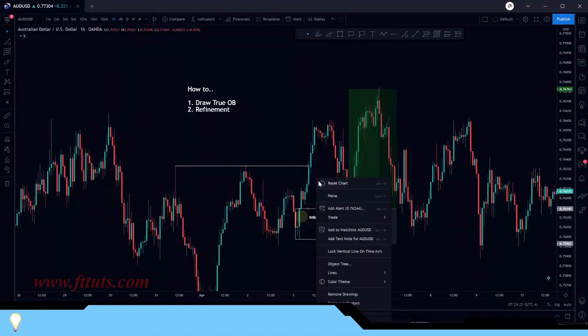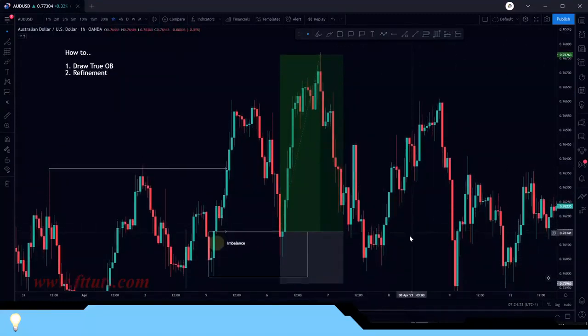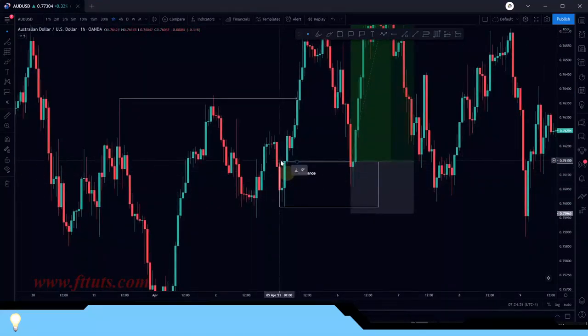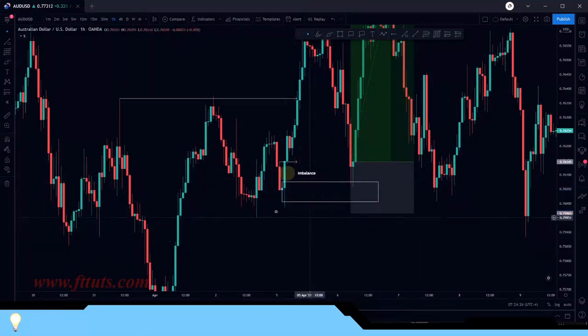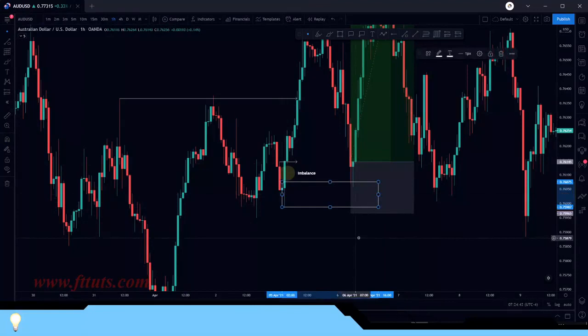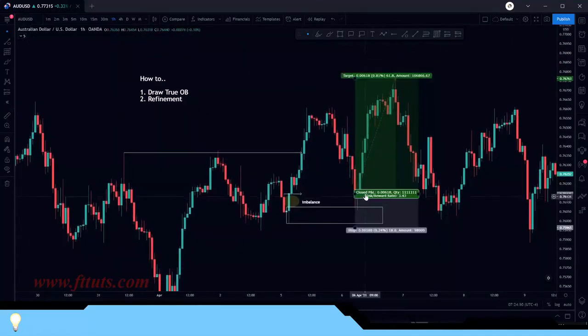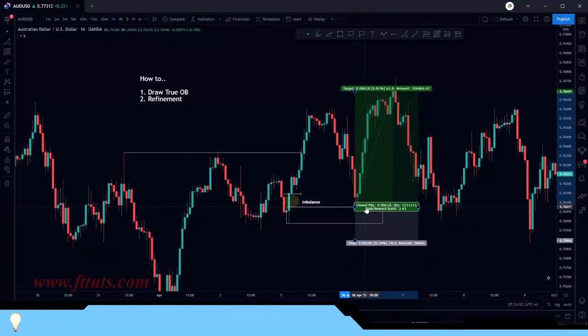Whereas if you do factor in the refinement, to take into consideration where true momentum entered the market and where the imbalance lies, we just use this candle here. We'll factor in the low of this candle as well. So this would be your refined order block within the same time frame. And notice how our entry is going to be lower, so much more precise, giving us a smaller stop loss.